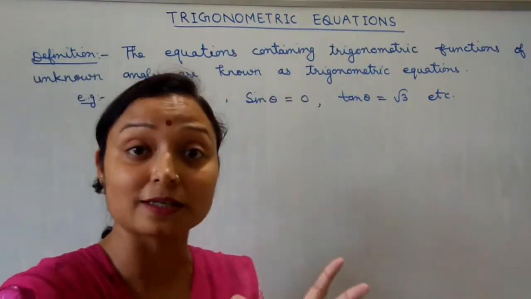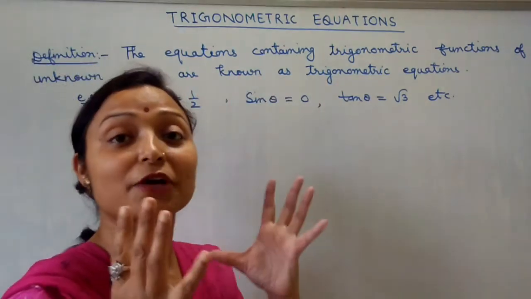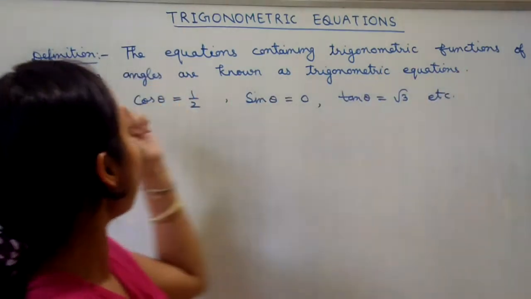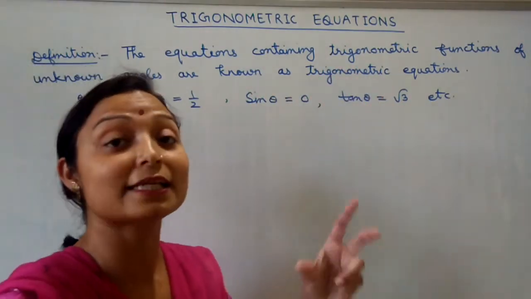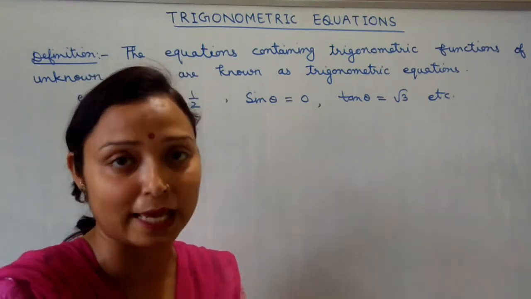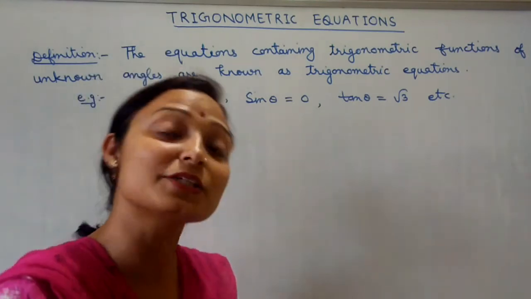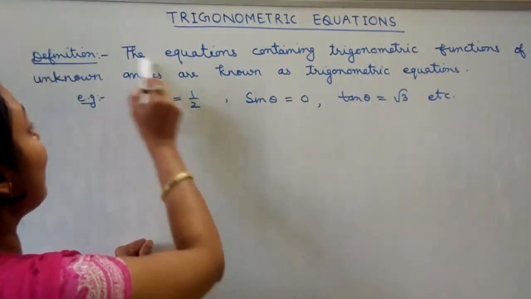The equation which contains the trigonometric functions of unknown angles is known as a trigonometric equation. That trigonometric function which includes the unknown angles is known as a trigonometric equation. So these are the functions having unknown angles.